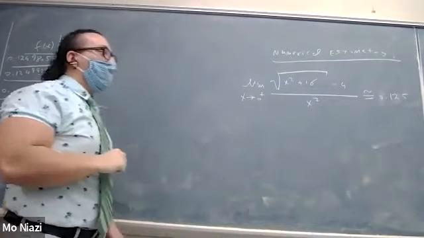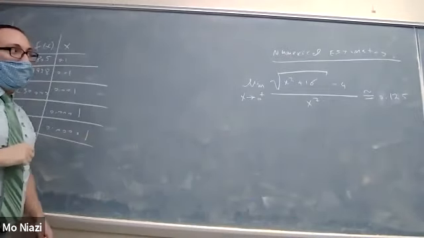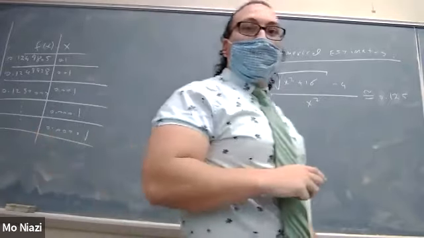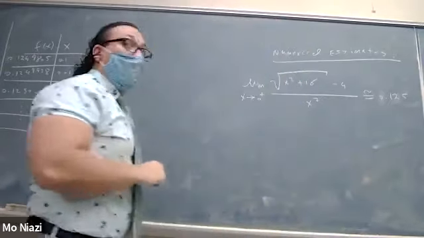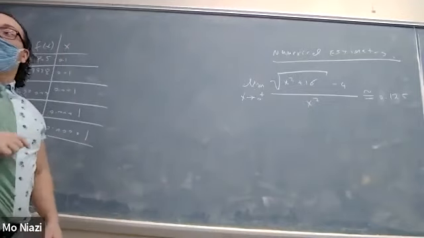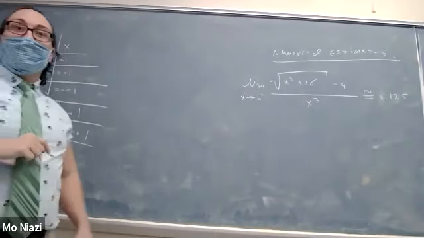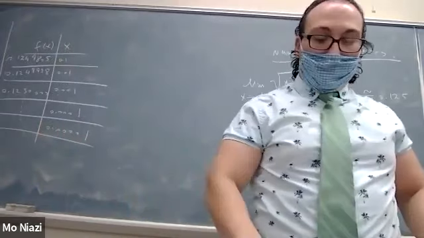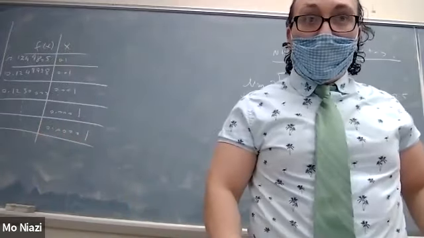In terms of a fraction, what is 0.125? Is it 1/8? Maybe. So if you divide 1 by 8, you get 0.125. Let me do it real quick. Yeah, you do.